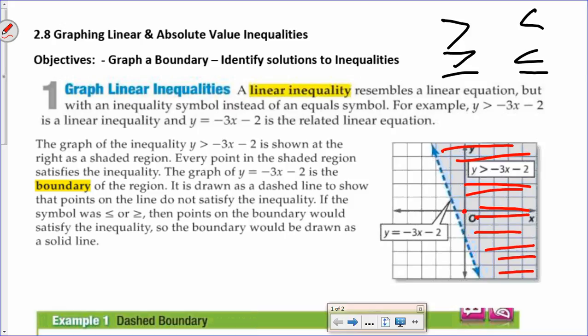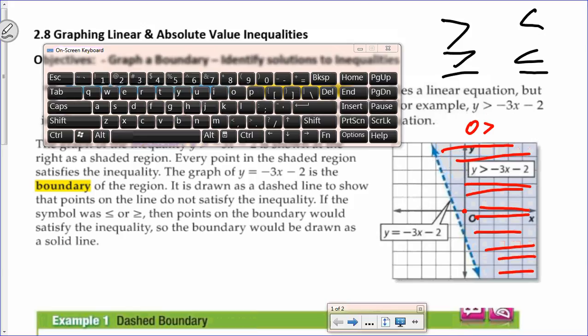If we substitute 0, 0 into the inequality, that's 0 for y, and we're also substituting in 0 for x.